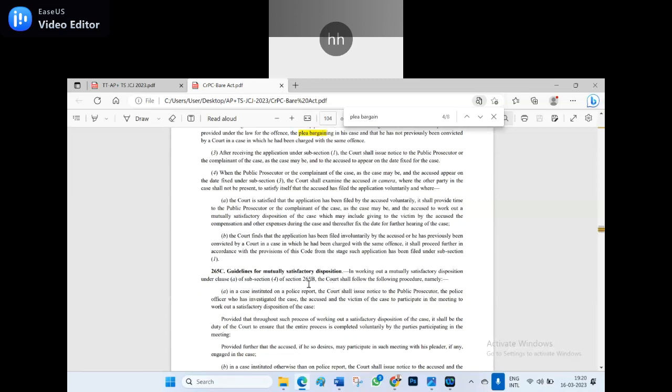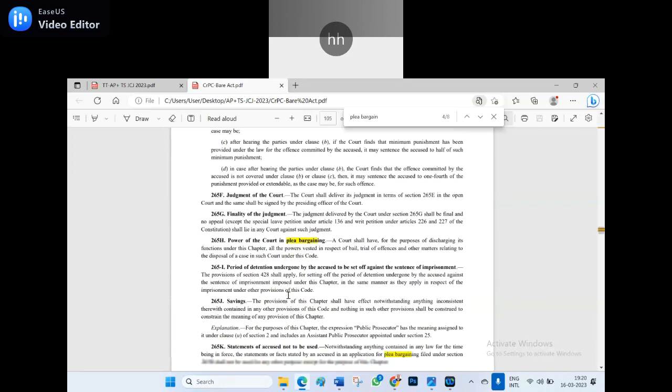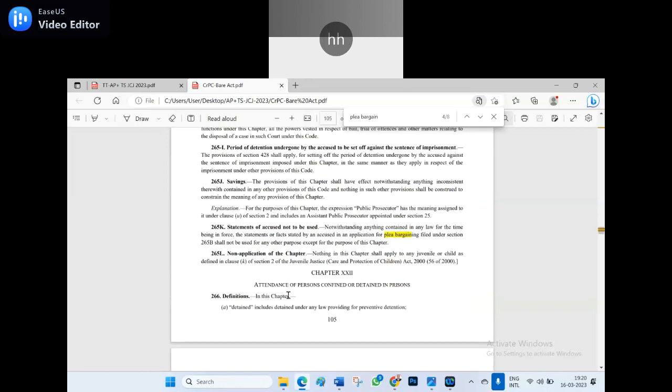That's why we write it in capitals. 265 is there in the beginning, but later on A up to L was added, GHI, JKL. So how many are there if you count? So 265 is amended and added in that manner.